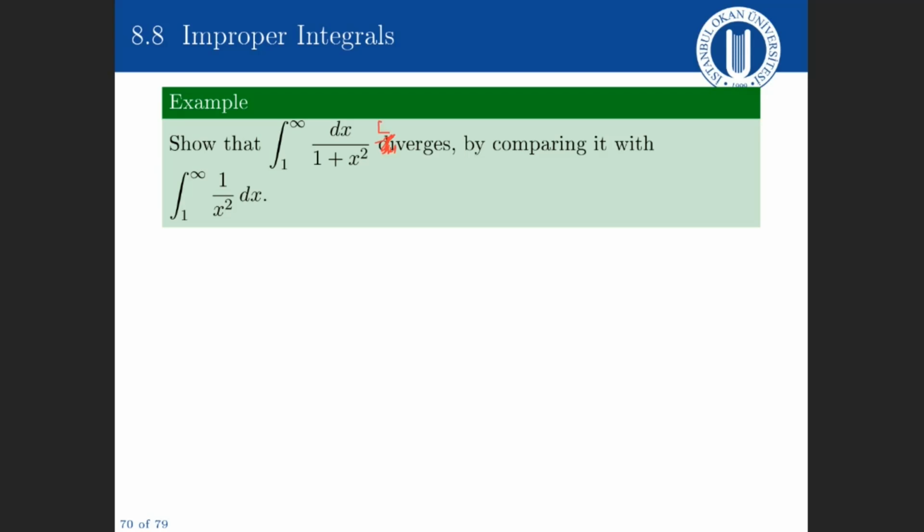This should have been converges. Because if you recall, 1 over x squared converges. So the example should say, show that this first integral converges by comparing it to the integral of 1 over x squared. I will fix that later.